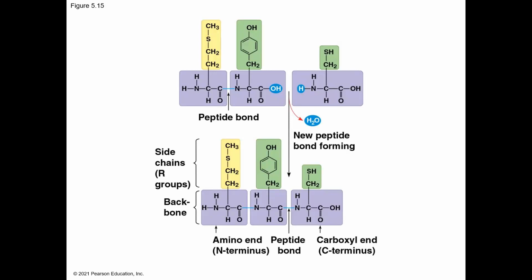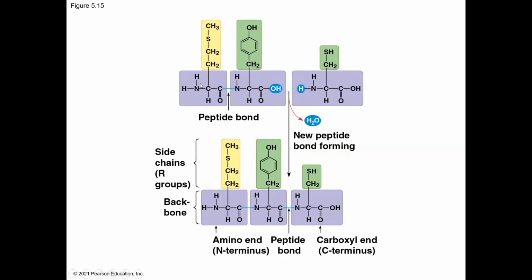And so this is showing you that to form a polypeptide, a polymer of protein, you would do it the same way as any other polymer, through dehydration synthesis. This is showing you two peptide bonds.